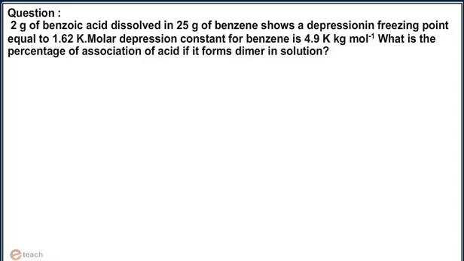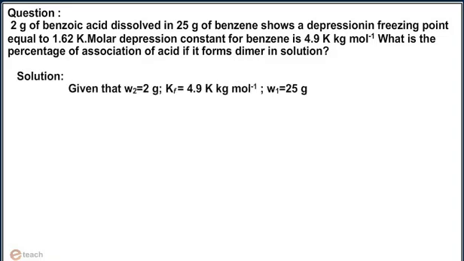Now considering the following equilibrium for the acid: 2C6H5COOH reversible (C6H5COOH)2. If x represents the degree of association of the solute, then we would have 1 minus x mole of benzoic acid left in unassociated form and correspondingly x by 2 as associated moles of benzoic acid at equilibrium.